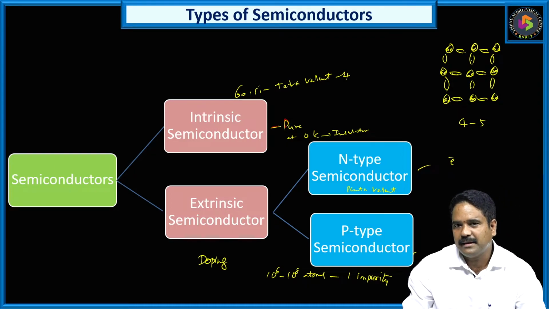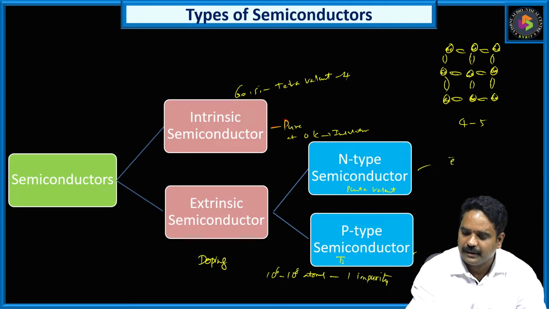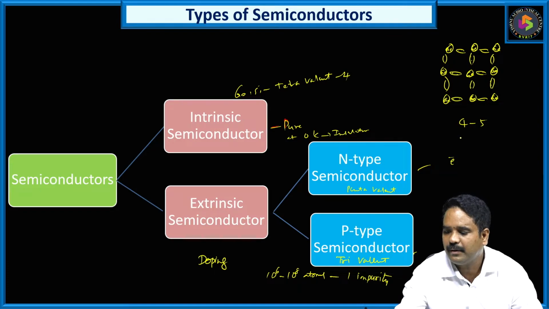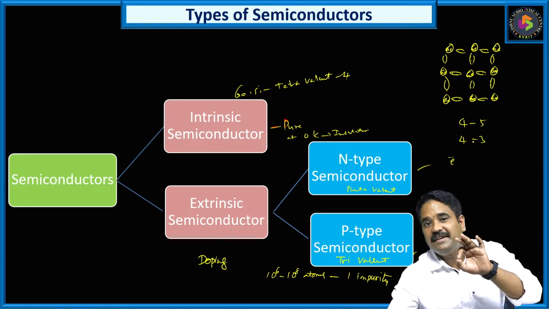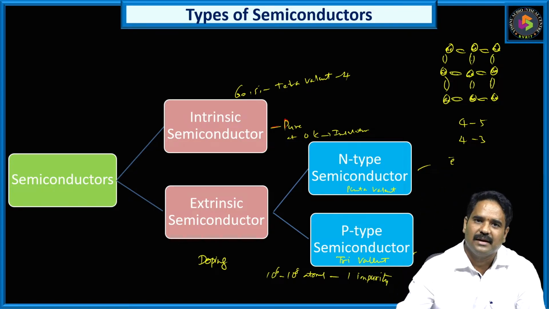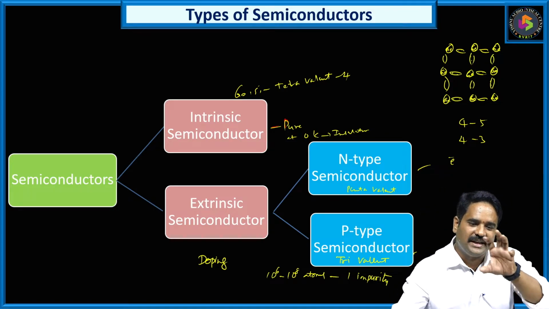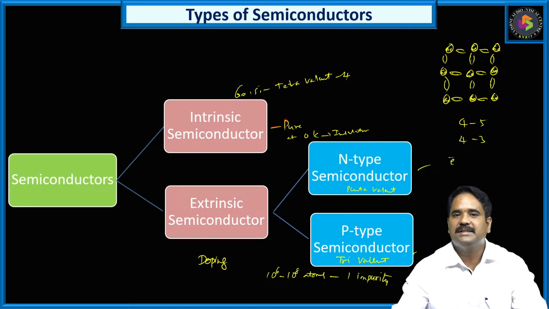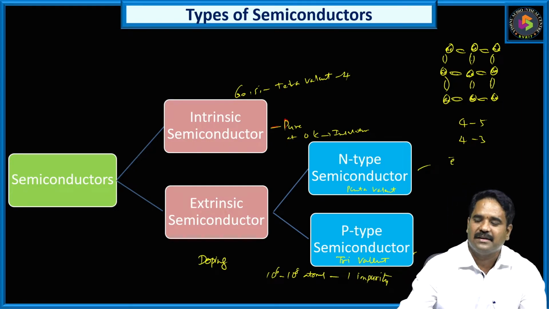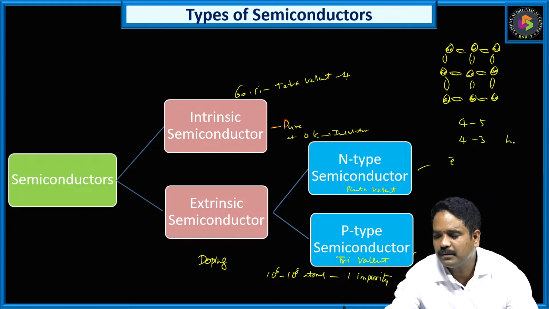Next, the p-type semiconductor. What is a p-type semiconductor? When an intrinsic semiconductor is doped with a trivalent impurity, tri means 3. There is a deficiency of electron, absence of electron, which creates a localized, positively charged region. That deficiency of electron is termed a hole.